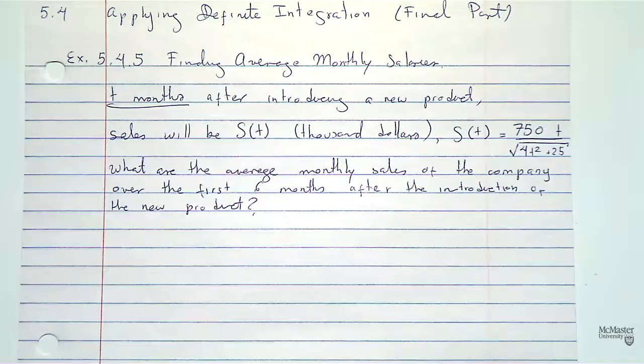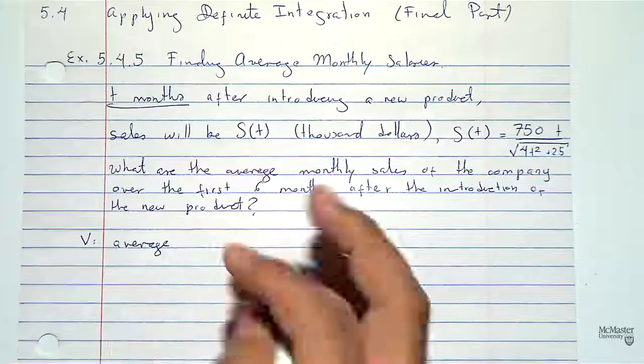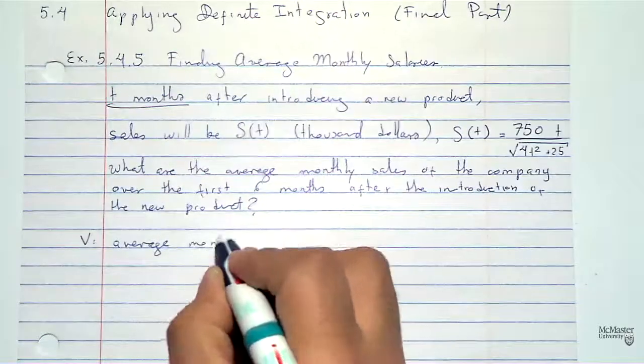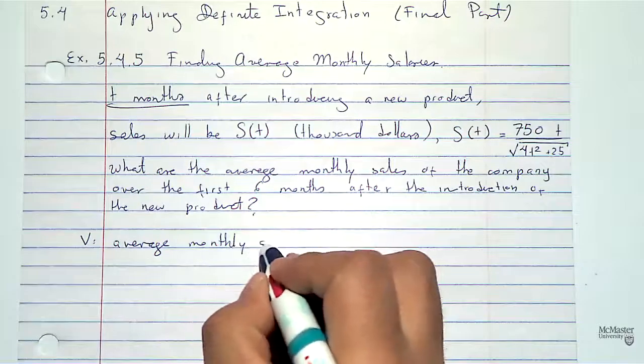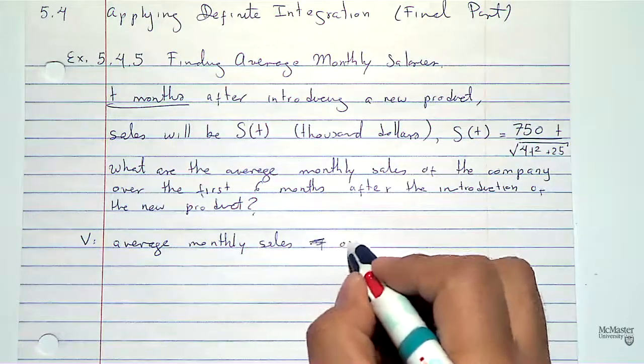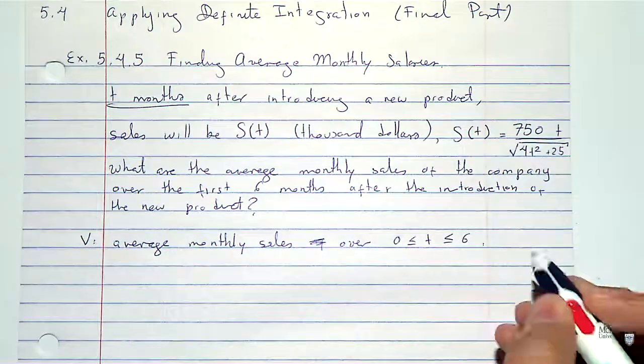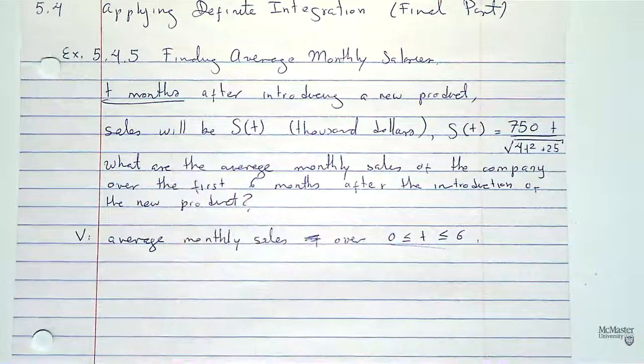So you're going to define a quantity B, which is the average monthly sales over the time period from 0 to 6 months, since the unit of time is months.